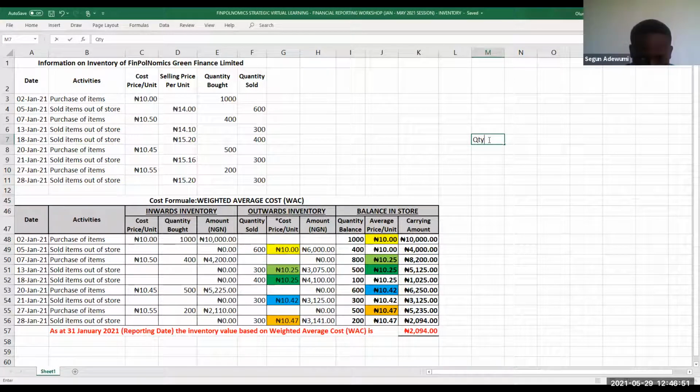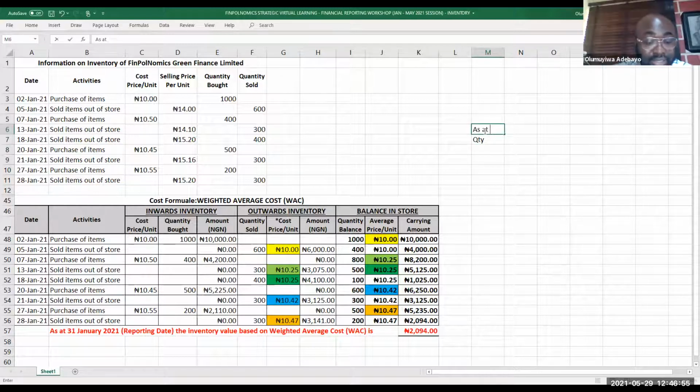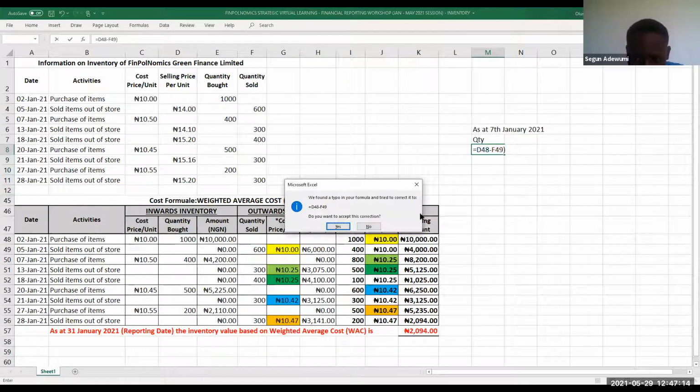Okay, the quantity left as at 7th of January, 2021. What is the average quantity? Out of this 1,600 has gone, right? Yes. 400 is left.